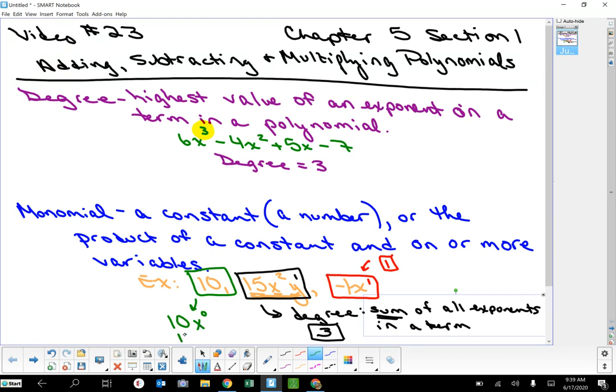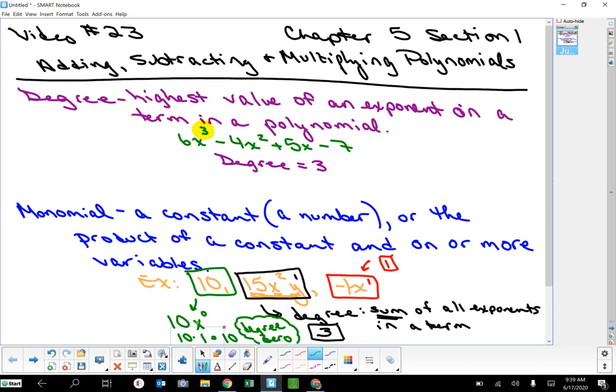So this is really 10 times 1, which is just 10, making the degree 0. Those are some strange circumstances, but they're good to cover.